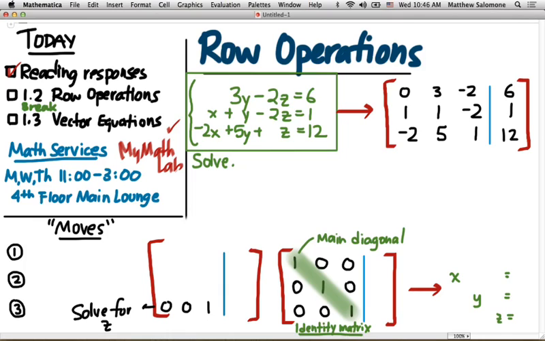Which then, through a process of back substitution, we could use the equation above it to solve for y. But I can only use the equation above it to solve for y if the equation above it only has a y and a z in it. If it has an x, a y, and a z, then I don't have enough information. So this equation up here should have no x's in it. But then if it has a y and it has a z, then I can use that equation above it to solve for y.